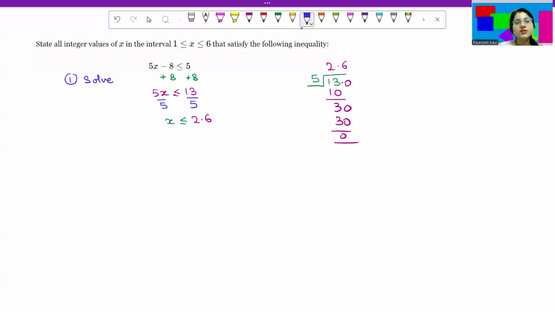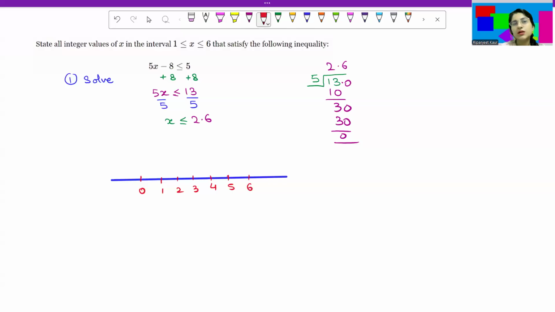All right. Now they are saying the solution is all the numbers which are less than or equal to 2.6. But the values should be lying between 1 to 6. So we want the numbers, let me put the 0 over here somewhere because we have only positive numbers: 1, 2, 3, 4, 5, and 6.